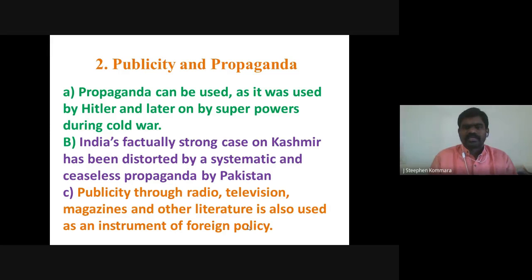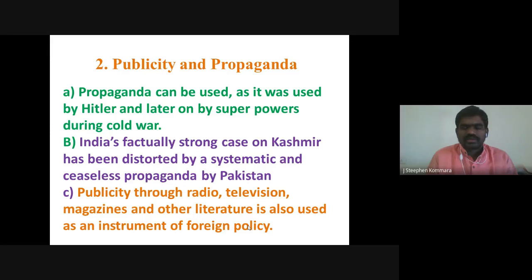Actually, Jammu and Kashmir belongs to India. It is one of the states in the Union of India. But Pakistan continuously carries out ceaseless propaganda on the issue of Kashmir, saying Kashmir is mine.